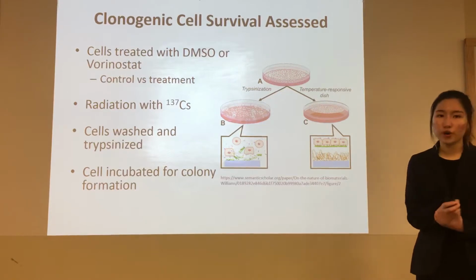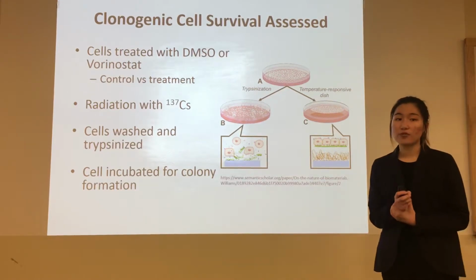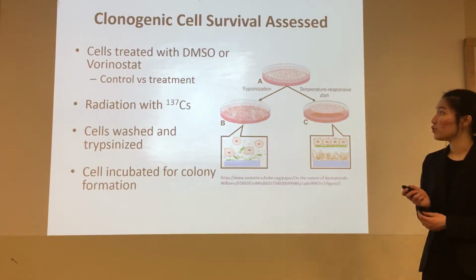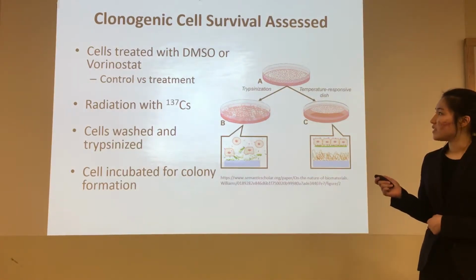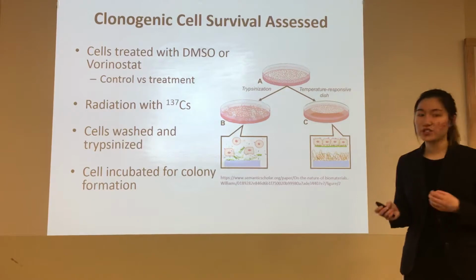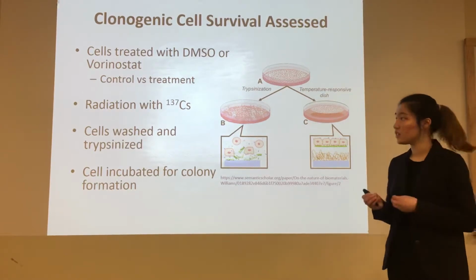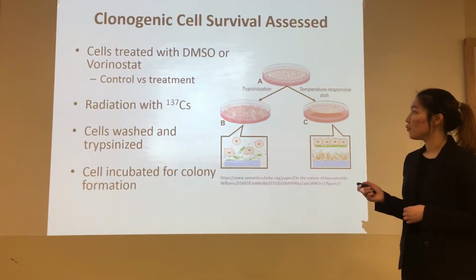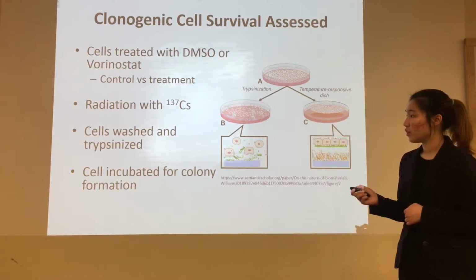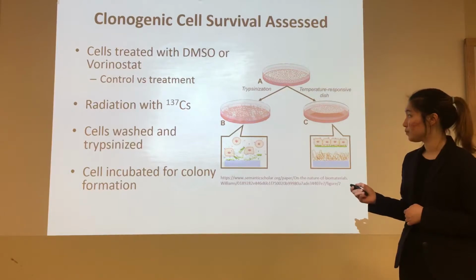First, they wanted to confirm that Vorinostat and radiation reduce cell proliferation. So they used a clonogenic cell survival assay. What they did here is the cancer cell lines were treated with DMSO or Vorinostat, which allowed the researchers to compare between the control group and the test group. After the treatment with Vorinostat, they treated with radiation, with cesium.